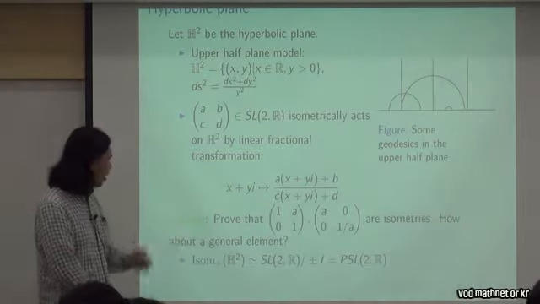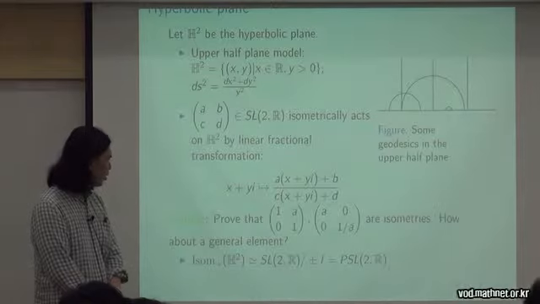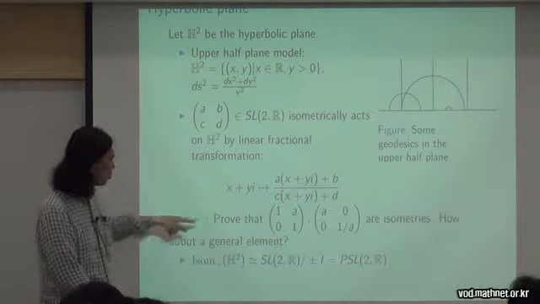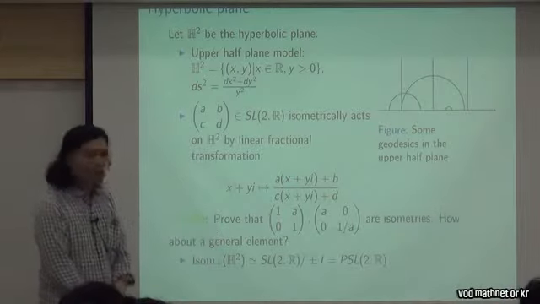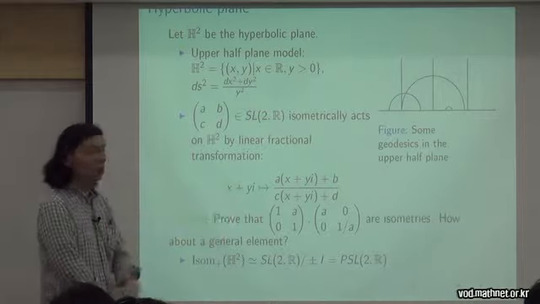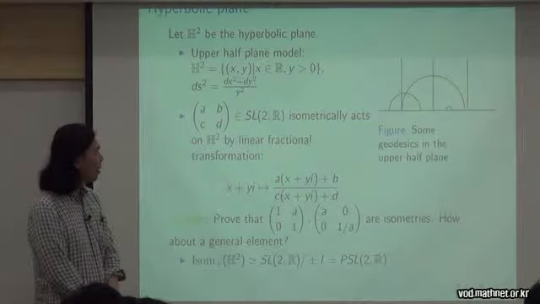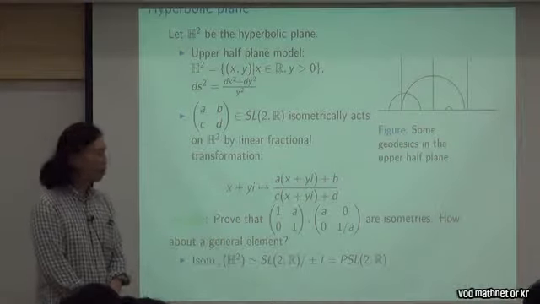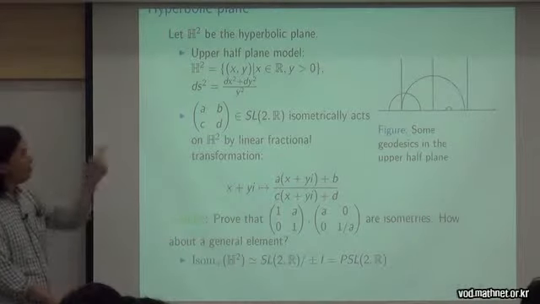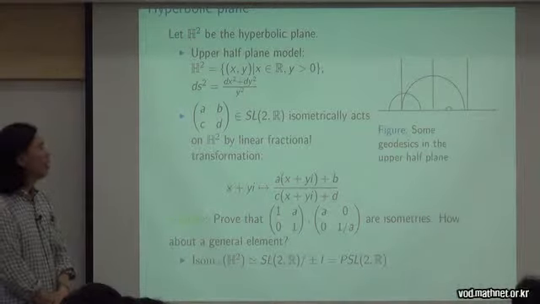I'm going to give maybe a few exercises in each talk. So here's the exercise. There are two families of matrices, and clearly they are in SL2R. First, I suggest you check what those two matrices do on the upper half plane.